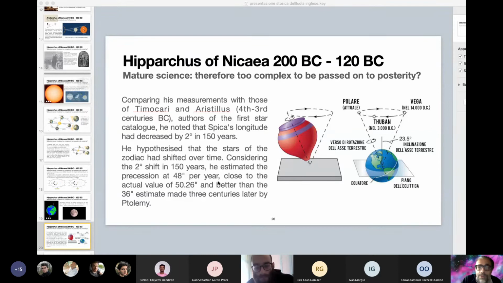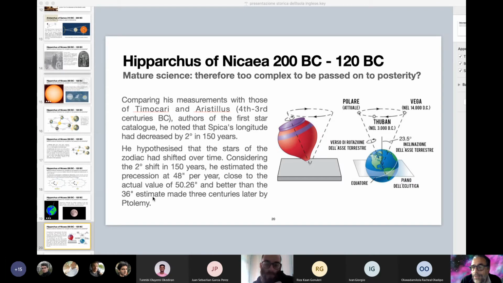Okay, now you must remark, important, the actual value, I mean, actual means the one which we have measured now, and it is the most reliable, is 50.26 seconds. But remark that Ptolemy, 3 centuries later, estimated this shift as 36 seconds.